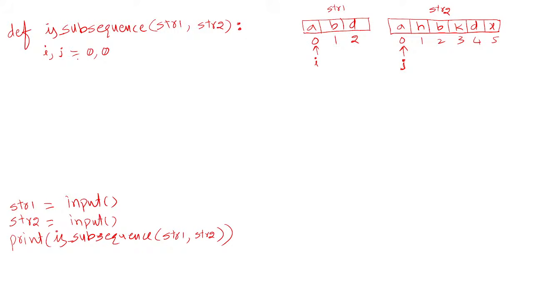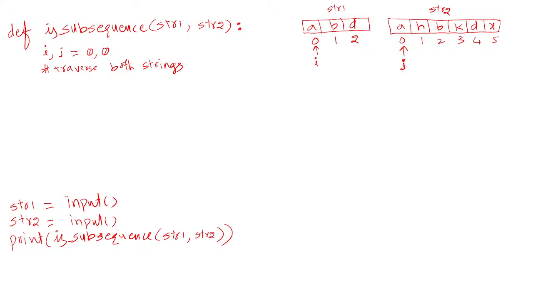Then we need to iterate through both strings, string 1 and string 2. Up to what part should you traverse? Until you reach the end of one of these two strings. In one example we reached the end of string 2 first, and in another example we reached the end of string 1 first.